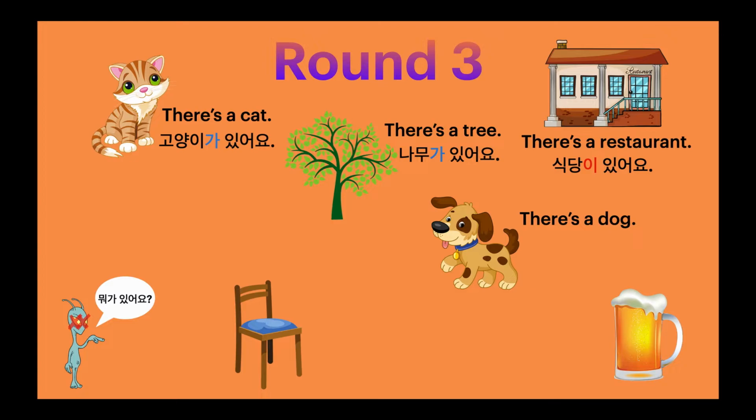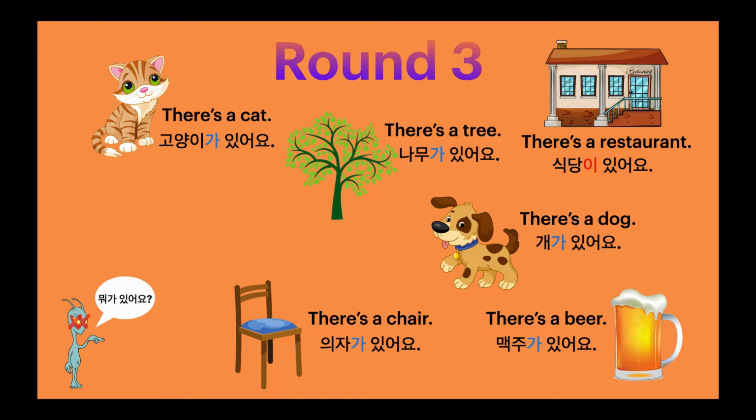There's a dog. 개가 있어요. There's a beer. 맥주가 있어요. There's a chair. 의자가 있어요.